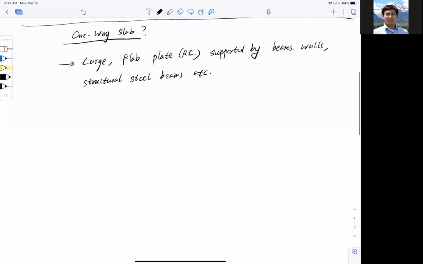To have a picture in my head to say this is one-way slab, this is the simplified drawing. If I have a simply supported condition, now I'm drawing a 3D view. That means my left end supports like a roller, remember? Like a roller here. Now, when I have a triangle, that means two-way fix. This is one-way fix in this direction. And then this goes like this as well, a triangle, like a chocolate bar, right?